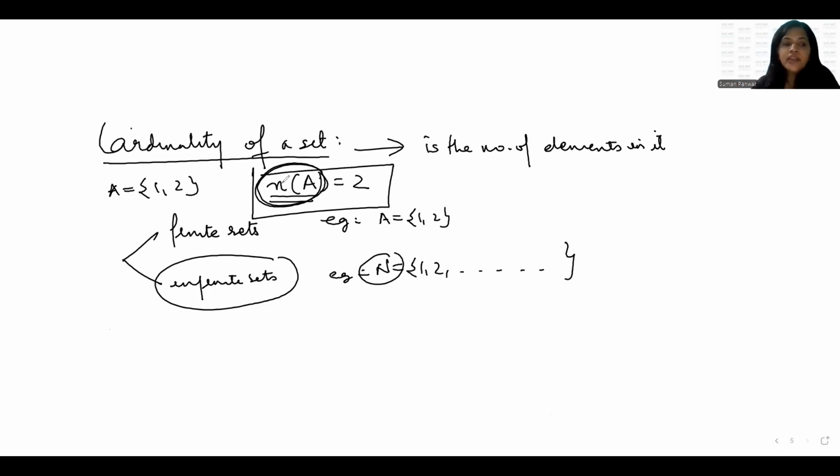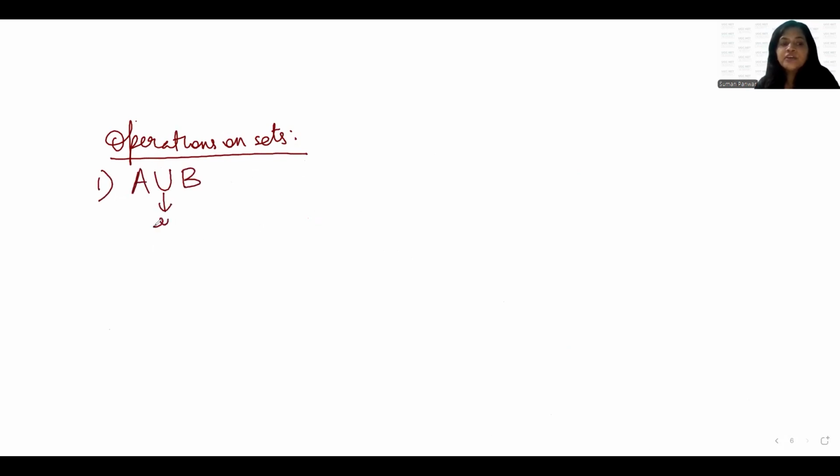All right. Now, the next thing is operations on sets. The first operation is A union B. This means union. This operation is also called OR.